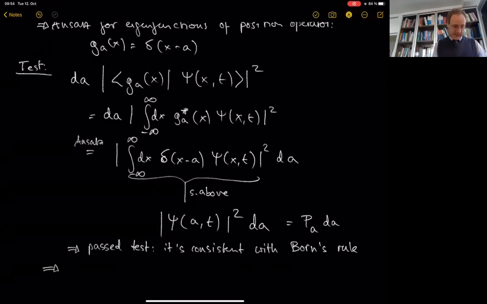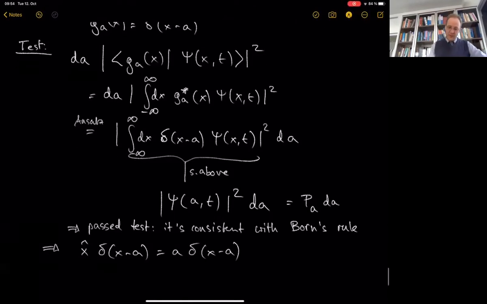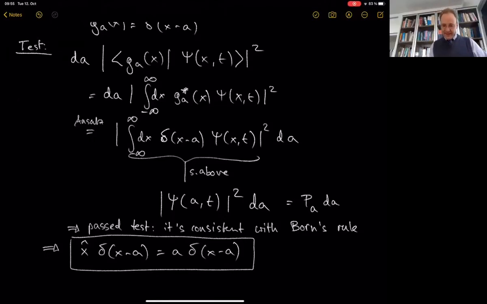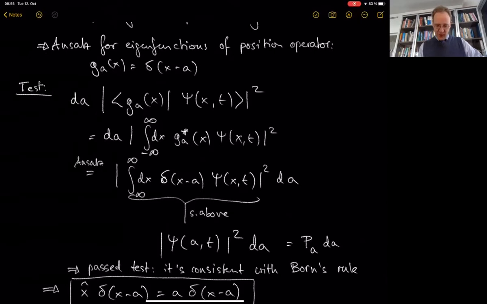We can now assume that x delta x minus a will correspond to these kind of eigenvalue equations. I'm sorry, I have a question. Sure. In the third last line, wouldn't that have to be conjugated as well? Yeah, so this is still a formal step.